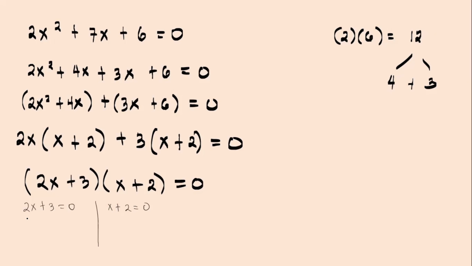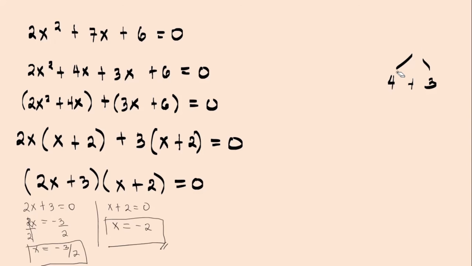Okay, and next, 2x. So 2x, from positive 3, it will become negative 3 and divide both sides by 2. So x is equal to negative 3 over 2. Okay, next, x plus 2. Okay, so from positive 2, it will become negative 2.